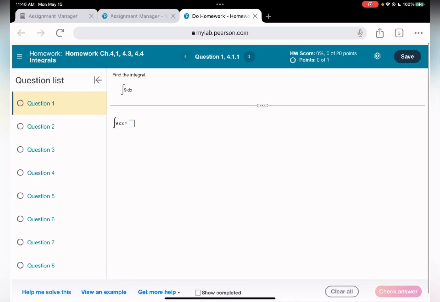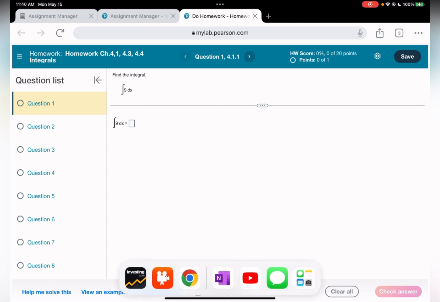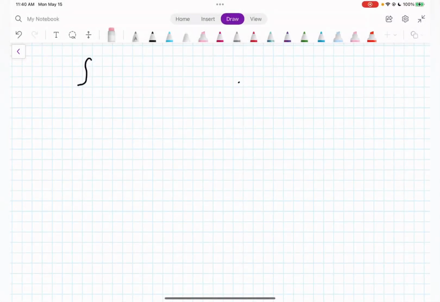Okay, the integral we have is 9 dx. So how are we going to get the integral of 9 dx? If you can see, we have a constant, and we need to take the integral by dx.